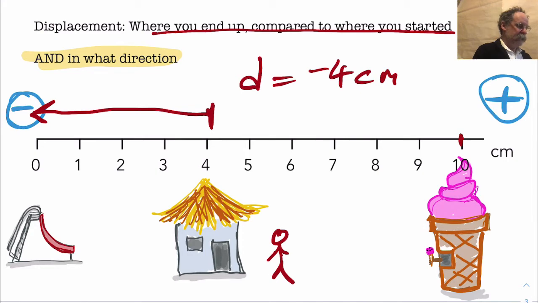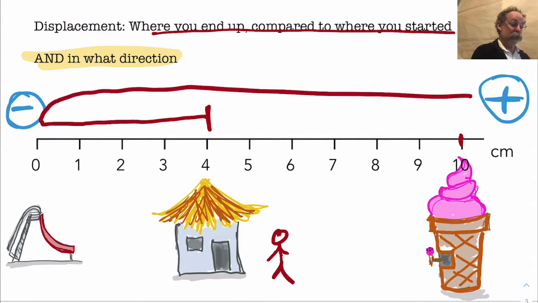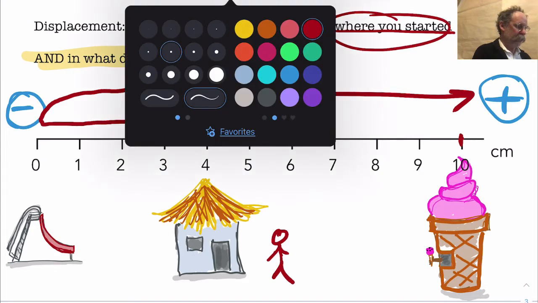Okay. Now, what happens if she does this? What happens if she leaves her house, she goes to the playground, she plays there for a while, and then she's like, oh, I've got to have ice cream, and she goes to the ice cream joint. Now, all that displacement cares about is where she ends up compared to where she started.